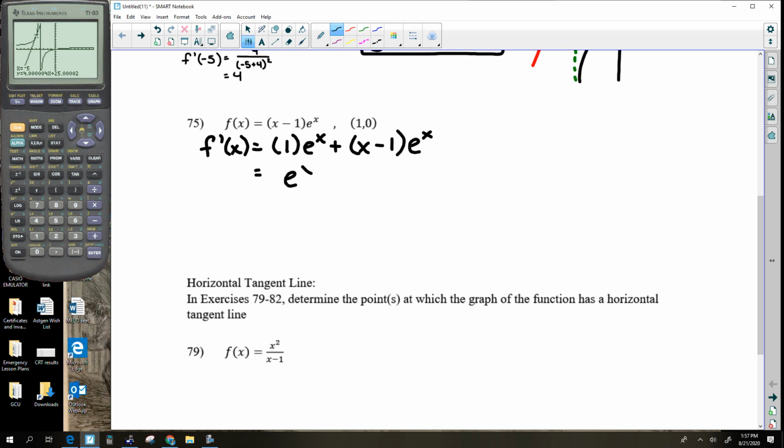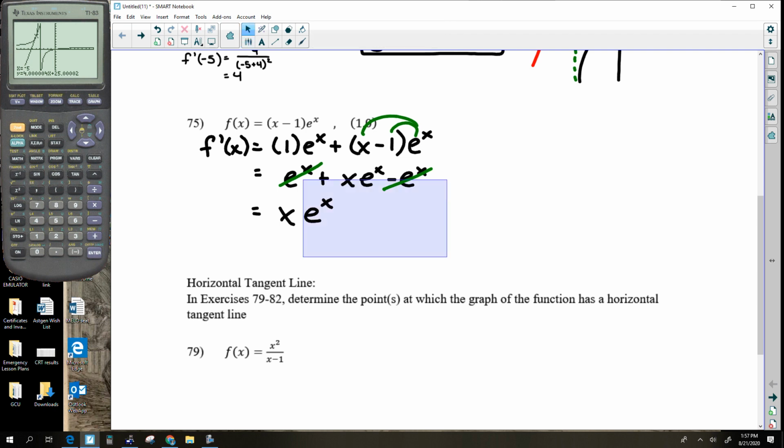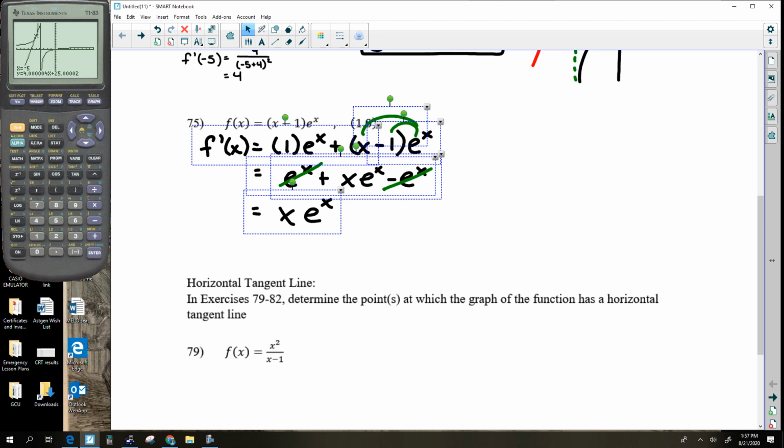So this is e to the x plus x e to the x minus e to the x. I have an e to the x minus an e to the x, so this is equal to x e to the x. That is my derivative.